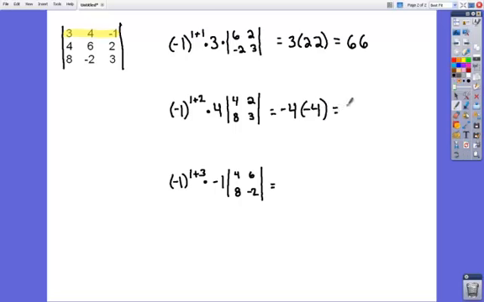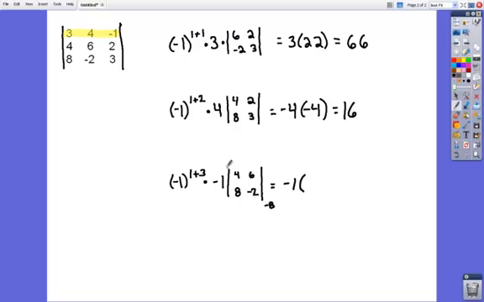So 66, and then now we're going to add 16. And then we've got one more, which is going to give me an even power right here, so that -1 is going to be +1. +1 times -1 is -1 times -8 is this diagonal for this determinant right here.